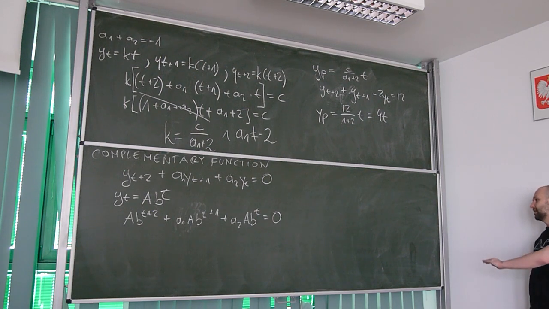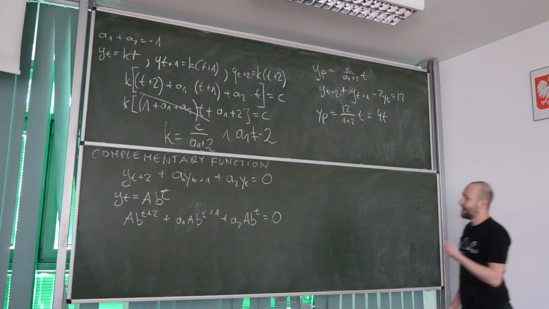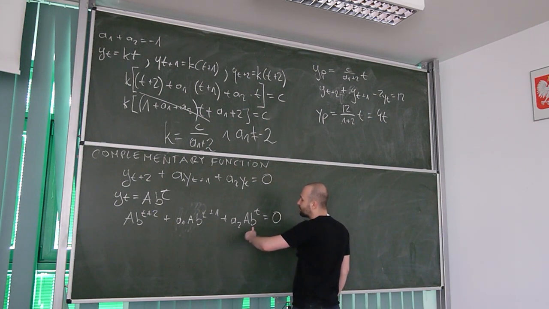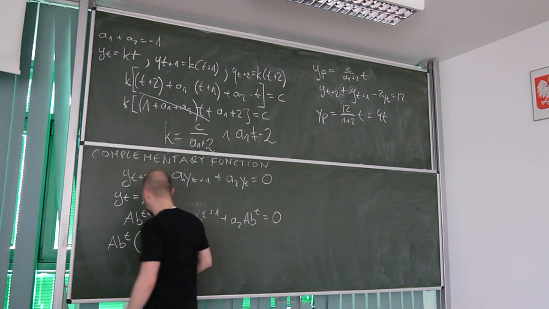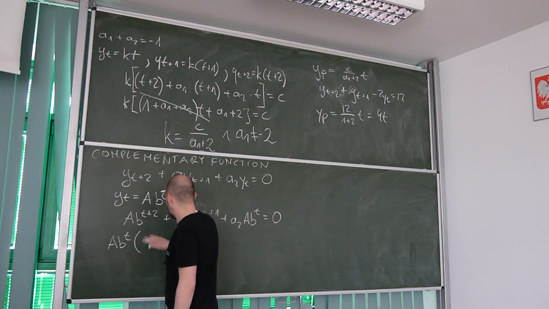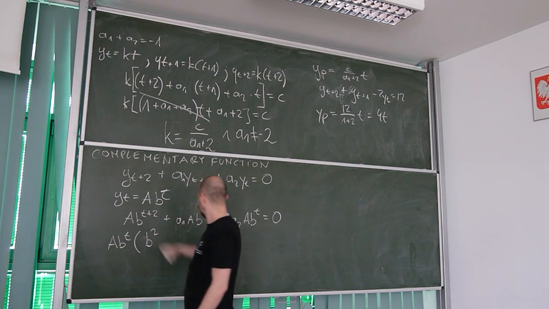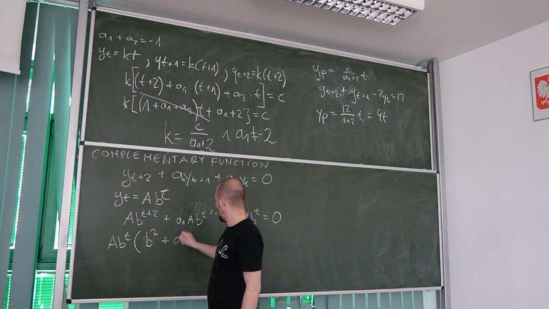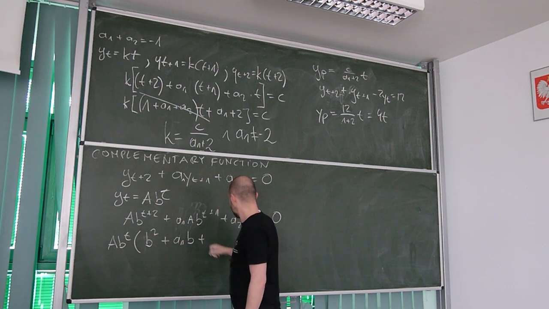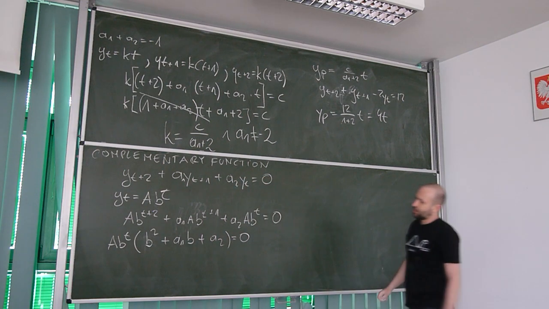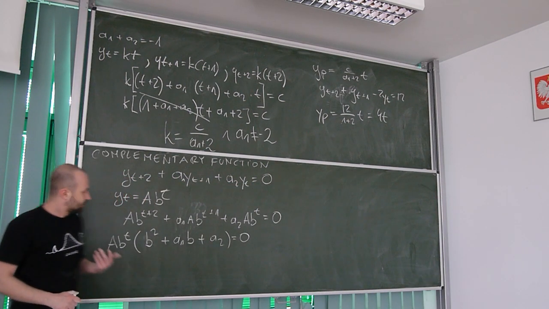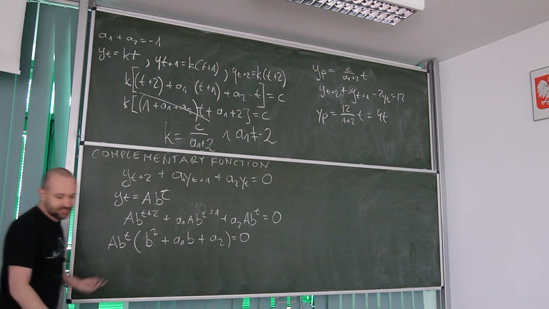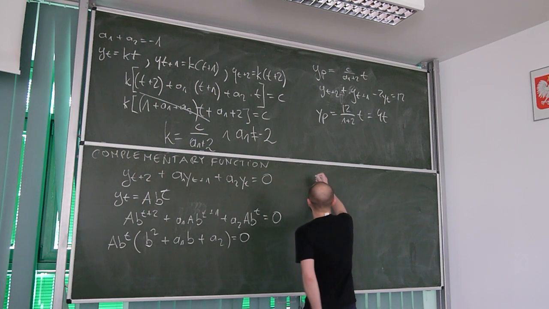Now we can take the common part out, the common part being a b to the t, and what we've got left is b squared plus a1 b plus a2 equals 0. Now look, the common part cannot be equal to 0, so what we are left with is the characteristic equation that we've been dealing with before.